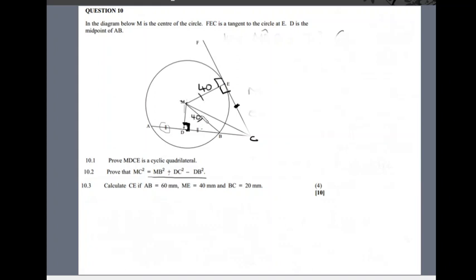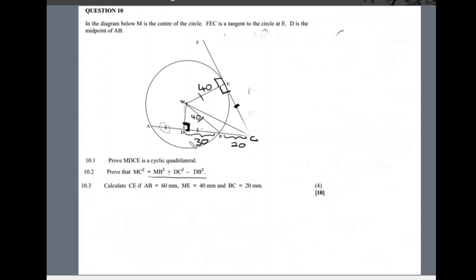And then we are given that BC is 20, so this part here is 20. We are given that AB is 60. This whole length is 60. If that whole length is 60, then this part here is 30, right?